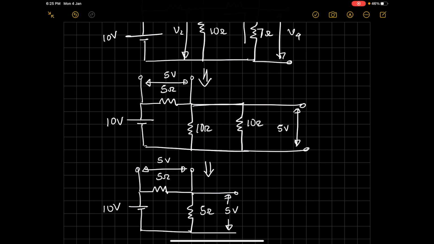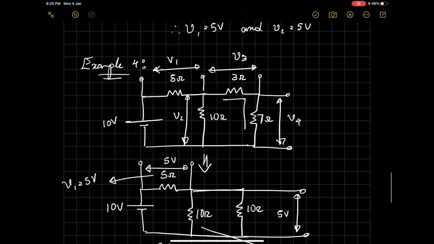So V1, which is the voltage across resistance R1, is 5 volt, and V2 is the voltage across the first 10 ohm resistance. This is also 5 volt. And now we need to find the voltage across the 3 ohm and the 7 ohm resistances.